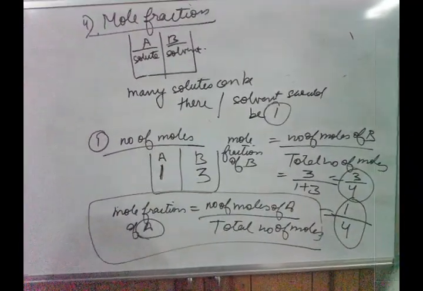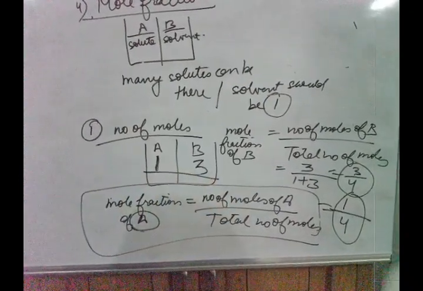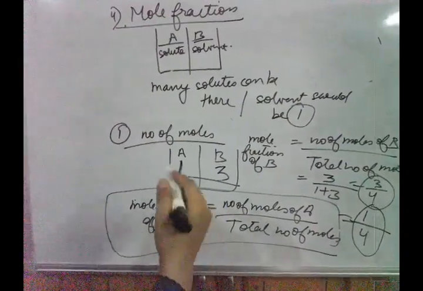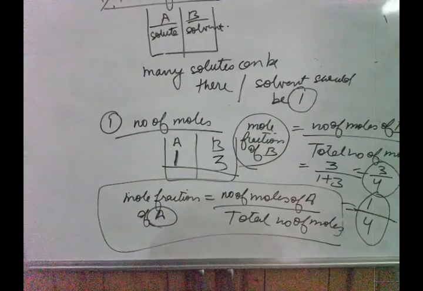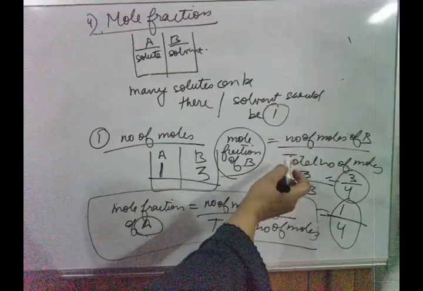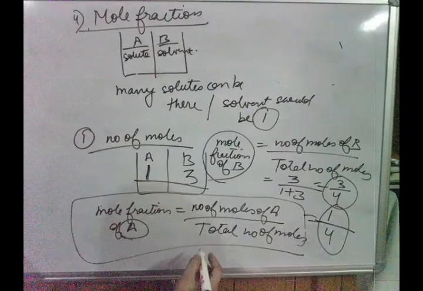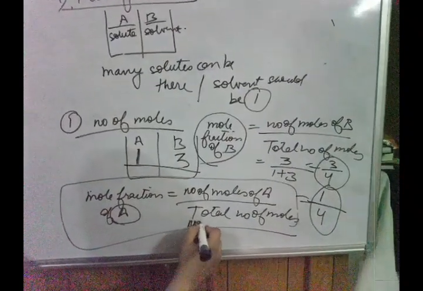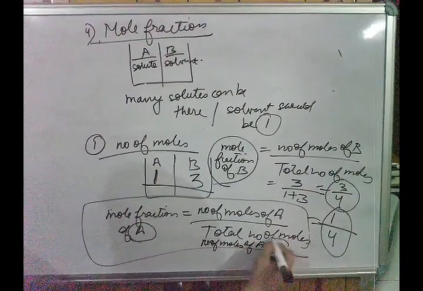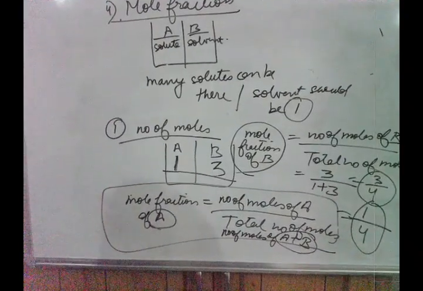So you should remember this, that for number of moles, first you have to know how to calculate given mass by molecular mass, and then by knowing that you would interpret in terms of mole fraction. You will substitute the value of number of moles of B by total number of moles. Total number of moles, in this case only two components are there, that is number of moles of A plus B. So this would be more clear if we take another example.